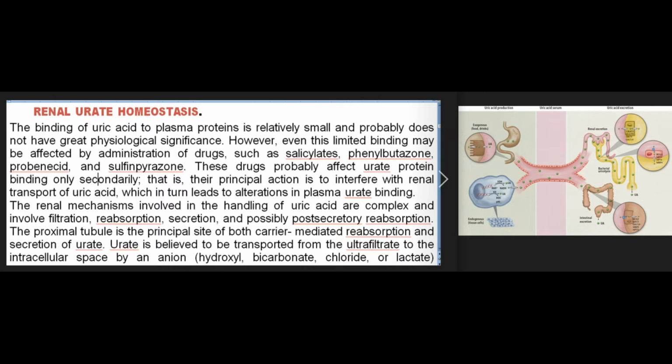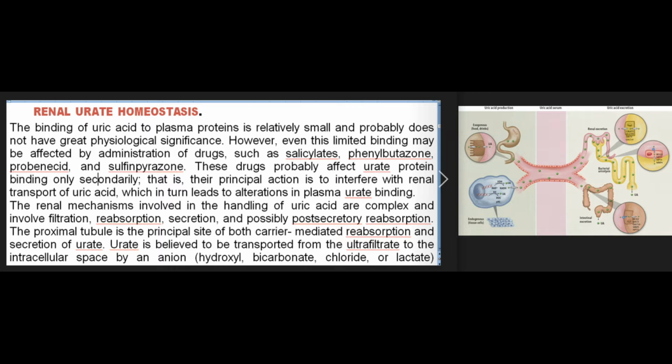These drugs probably affect urate protein binding only secondarily, that is, their principal action is to interfere with renal transport of uric acid, which in turn leads to alterations in plasma urate binding. The renal mechanisms involved in the handling of uric acid are complex and involve filtration, reabsorption, secretion, and possibly post-secretory reabsorption.